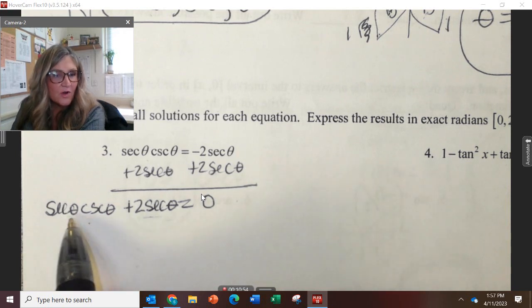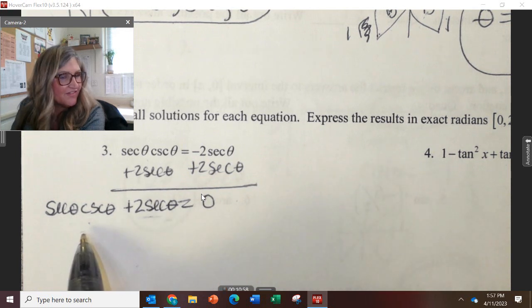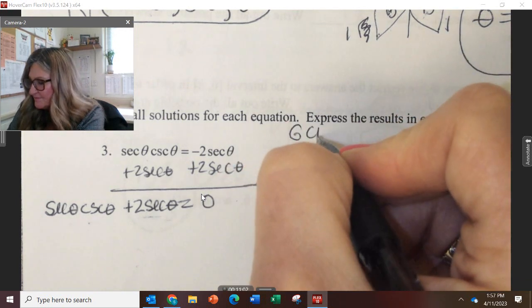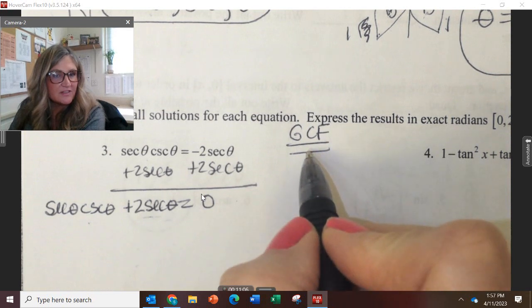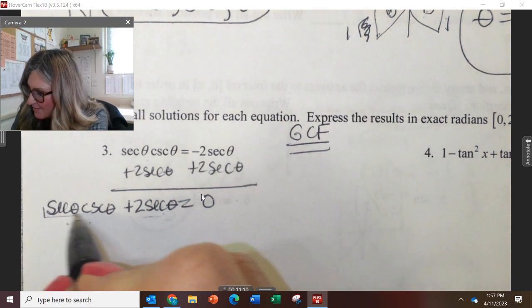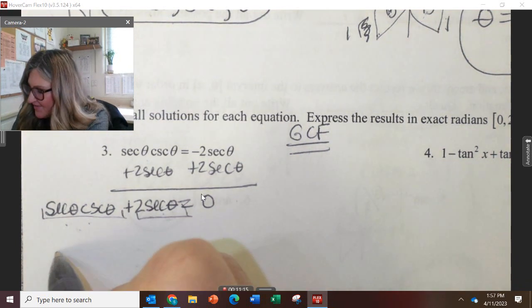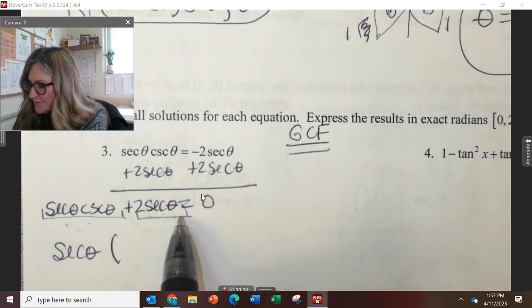What do we look for when we have two terms? We always should look for a what first when we're factoring? GCF is what I should always look for first. What do these two terms both have in common that I could factor out? So I'm going to factor secant theta out of each of those two terms.